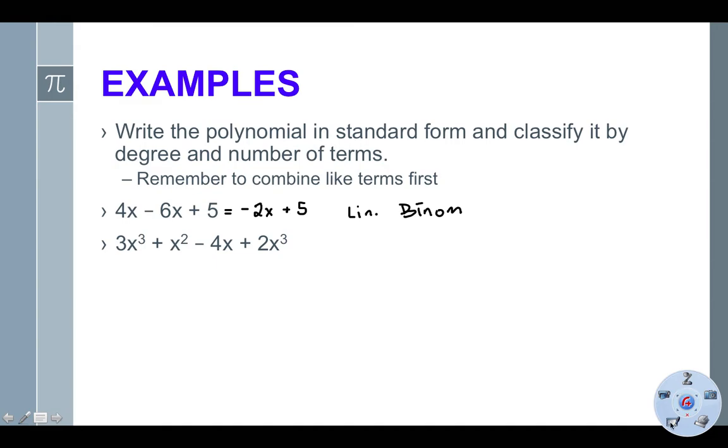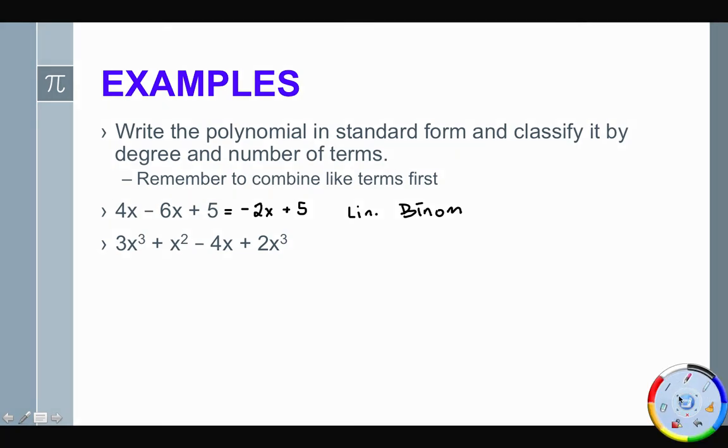What about one that looks like this? We have many more terms, or a couple more terms here. But I noticed that I have two things that are in common. I have 3x cubed and a plus 2x cubed. So I need to combine those like terms. That's a positive 3 and a positive 2, so that means a positive 5. And I'm combining like terms, so I have to remain like terms, so it's still a cubic.